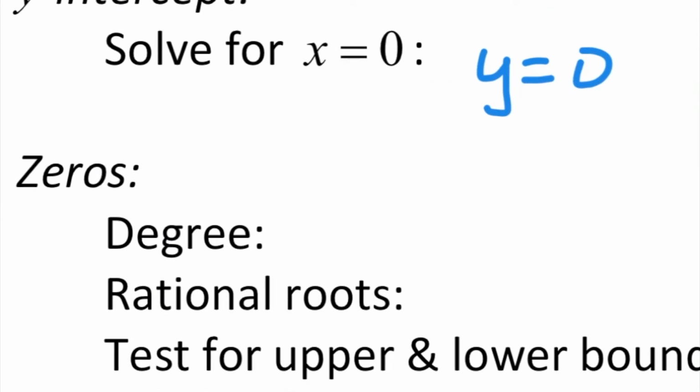The degree of the function is 6, which means that I can have up to 6 x-intercepts. And my rational roots are at negative 3 and 0.